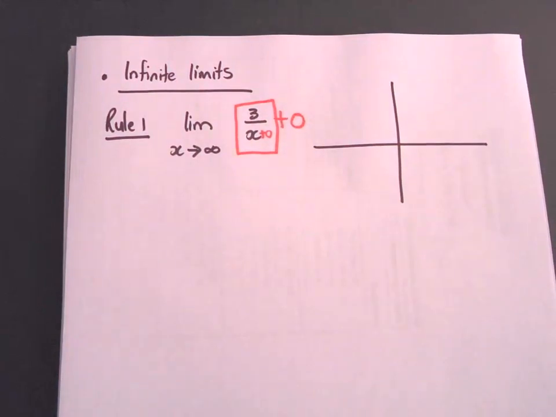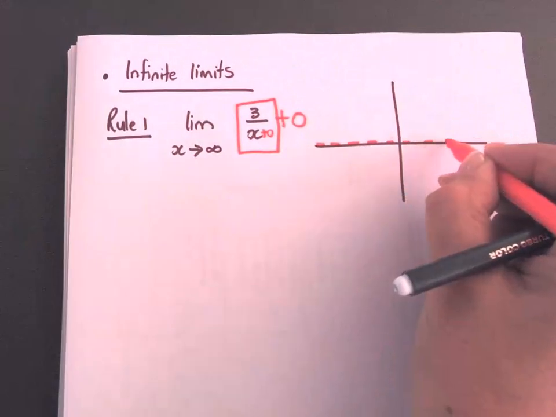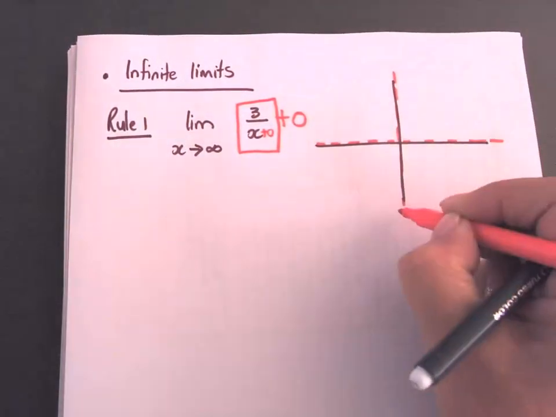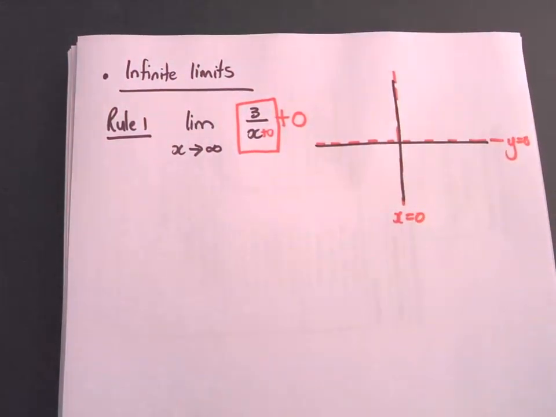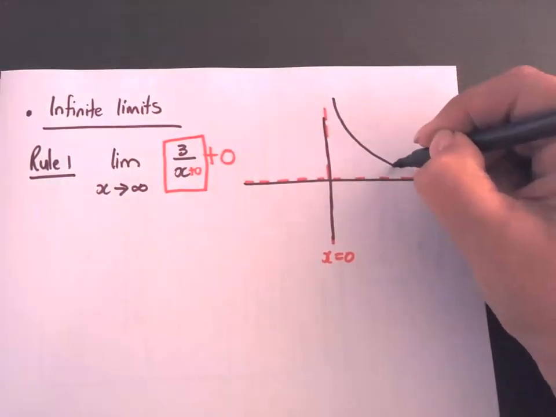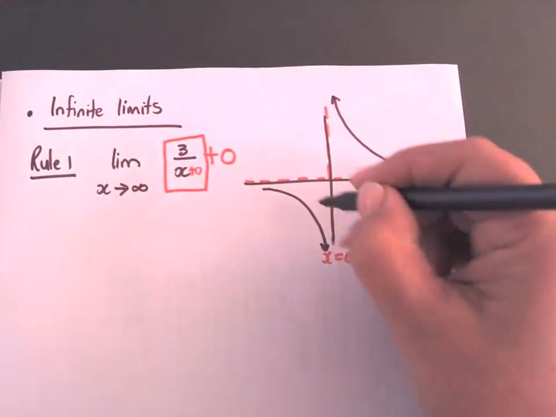So my asymptotes will be on the axis. This one is x is 0, this one is y is 0. And my hyperbola looks like this and this.